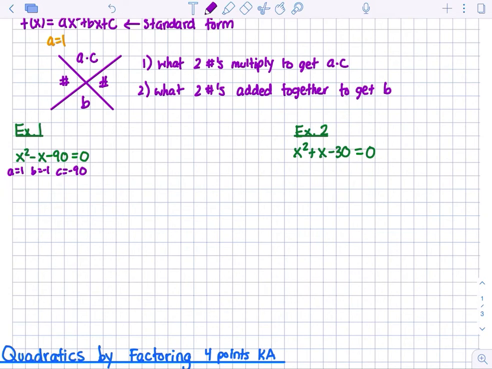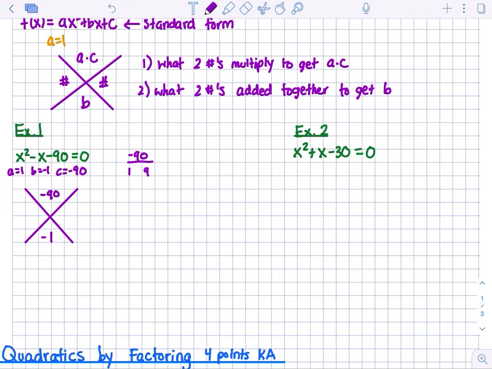When you factor this, a times c is -90, your b value is -1. So what two numbers multiply together to give you -90, but when added give you -1?